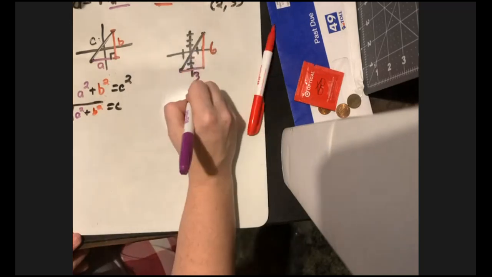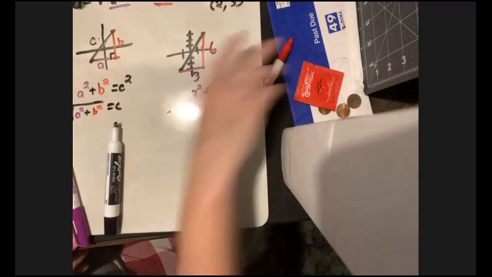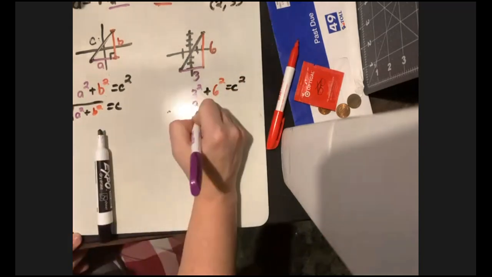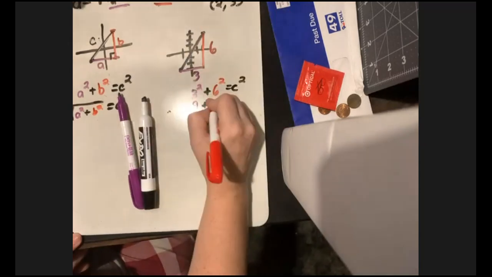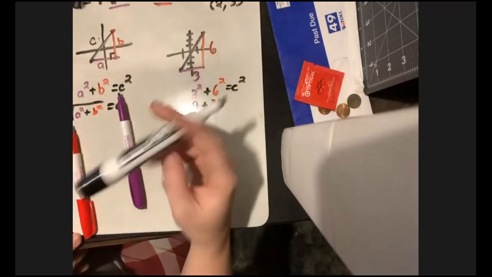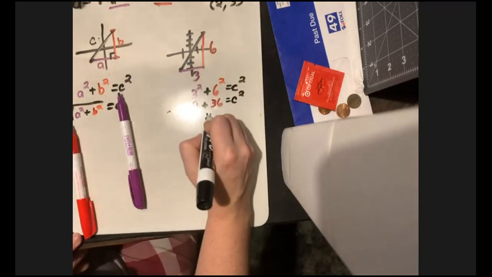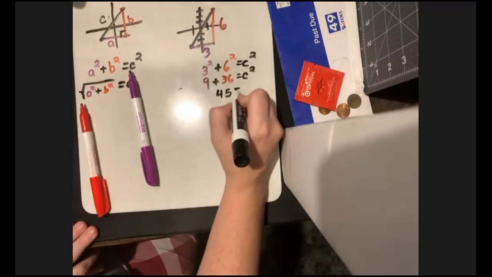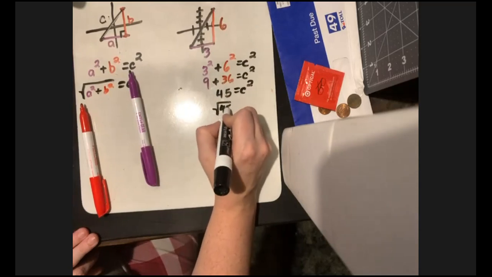So now doing 3 squared plus 6 squared equals c squared, I'm going to have 9 plus 36 equals c squared. Add, I'm going to get 45 equals c squared. Again, I don't want c squared, so I'm going to take the square root of 45.